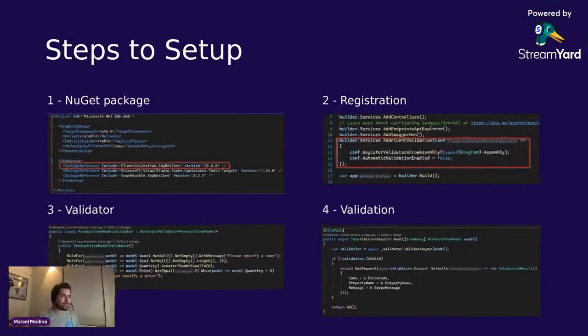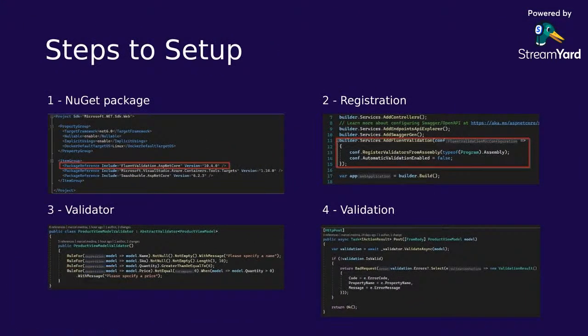Maybe if I put this one bigger or full screen, you're gonna see that on the item three validator, we have the abstract validator base class, and I'm inheriting that, right? And then I'm specifying that I'm using a product view model for it. With that, we have some rules.